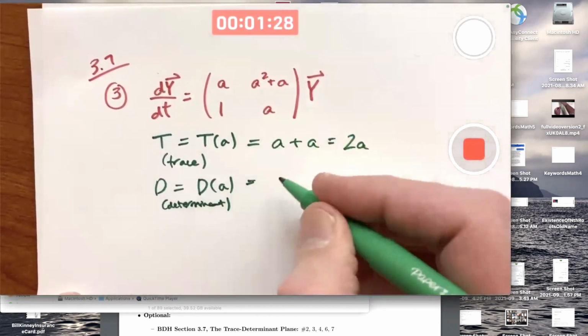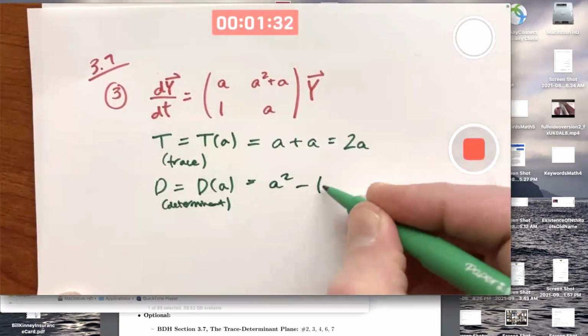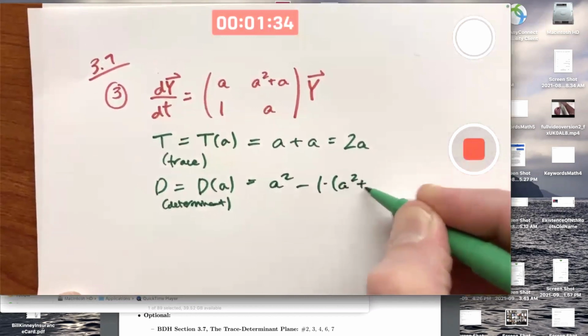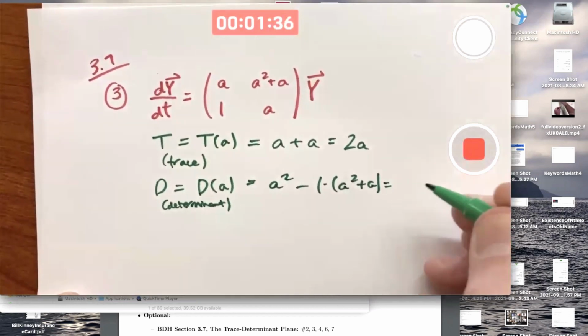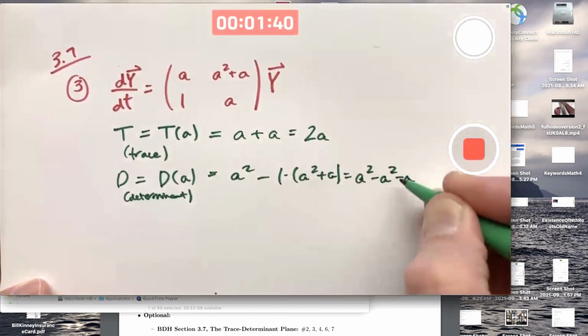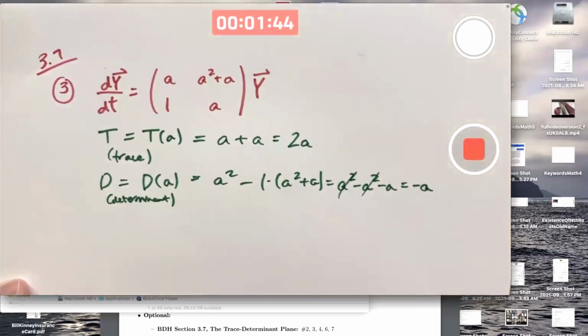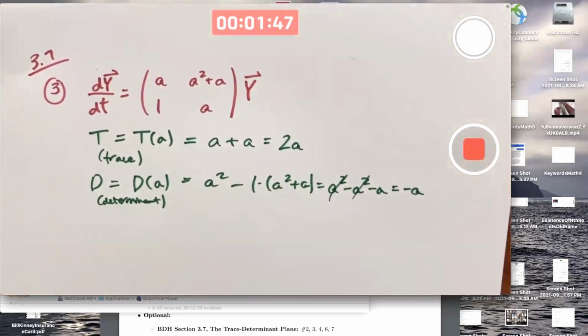It's A times A squared minus 1, minus in parentheses A squared plus A. And yeah, that simplifies pretty nicely to A squared minus A. A squared's canceled, gives you negative A. That is the first thing to do in a problem like this, is figure out the trace and determinant. And they will depend on this parameter A.